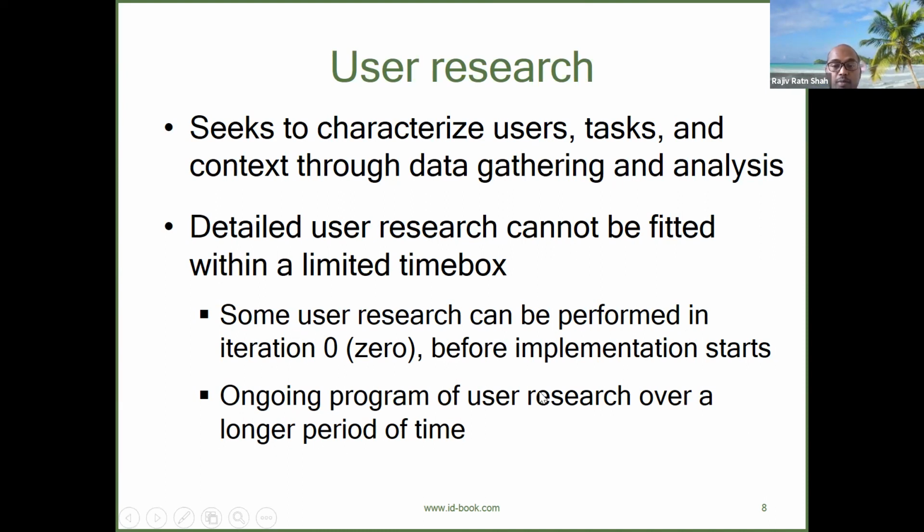So it's an ongoing program of user research over a longer period of time. It's not only one detailed user research. In agile UX, you have multiple such small user research efforts over a longer period of time.